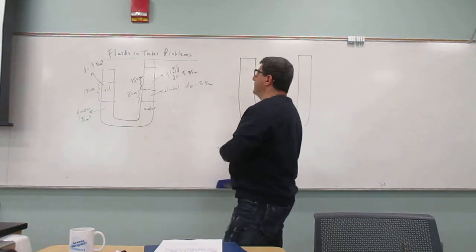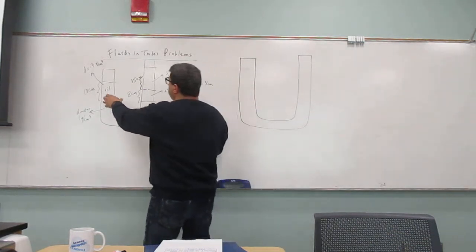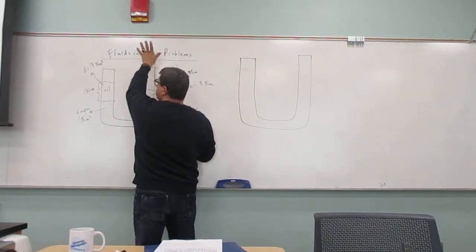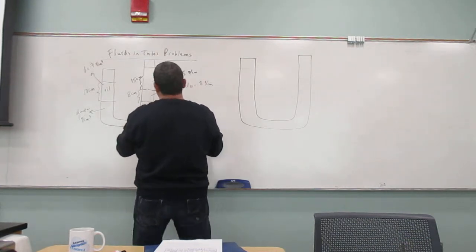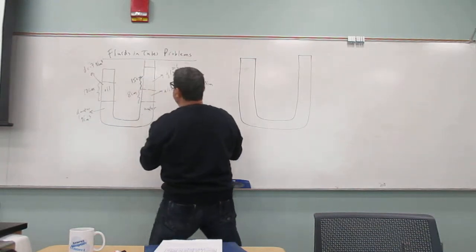So at the beginning, you don't necessarily have to assume correctly. Let's assume this one is going to go down. It's probably true, but it might not be the answer.